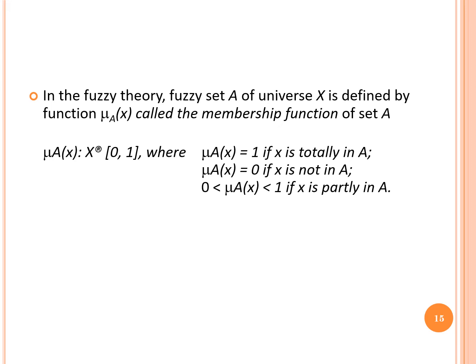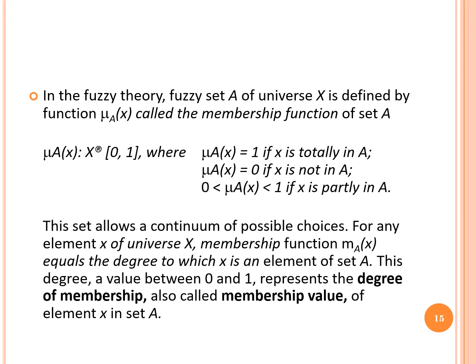The function becomes 1 if x is totally in A, and it becomes 0 if it's not in A, but it can also take a numerical value between 0 and 1 if x is partially in A. This function allows a continuum of possible choices.